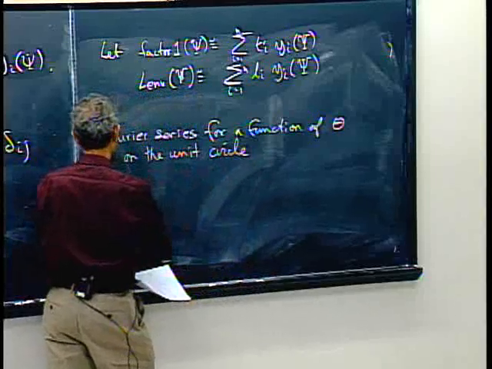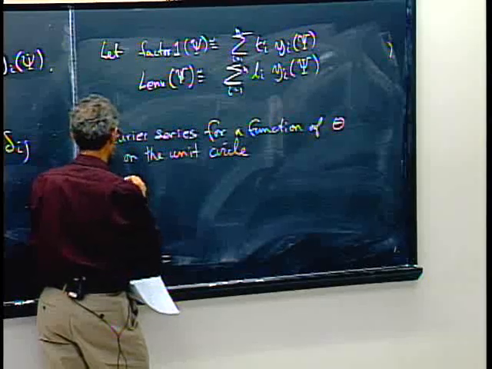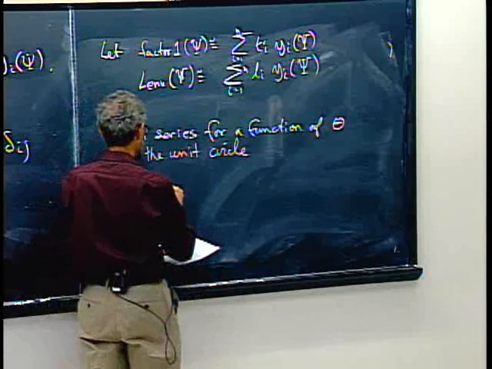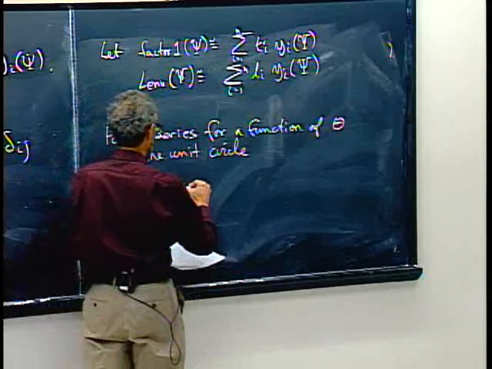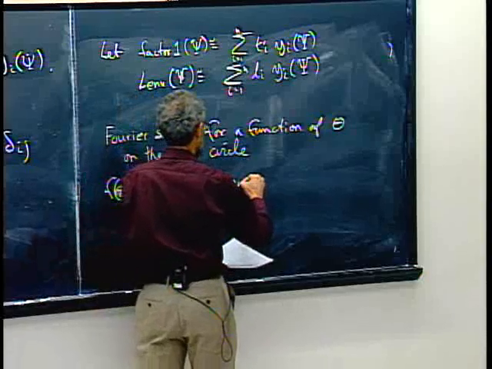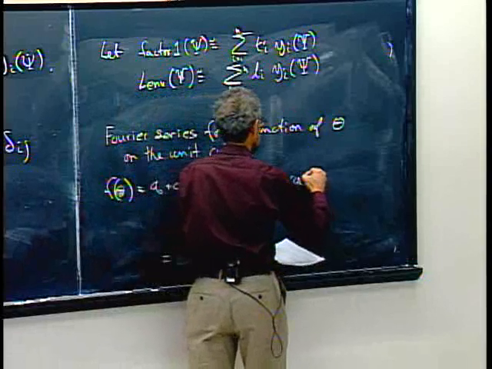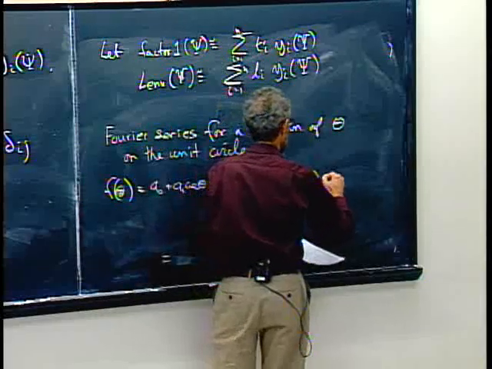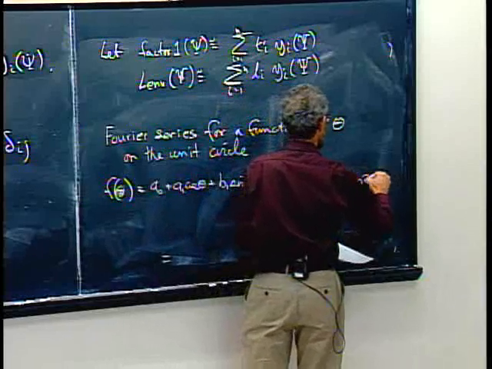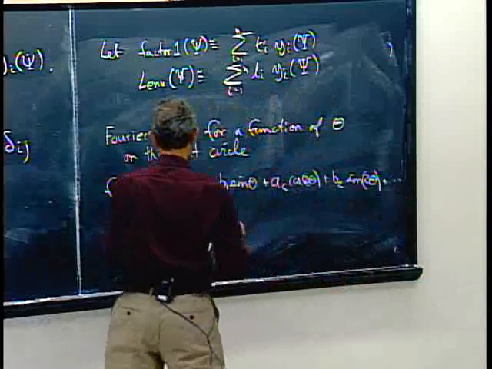So if we think of f of theta, let me use lowercase theta, we can represent it as A0 plus A1 cosine theta plus B1 sine theta plus A2 cosine 2 theta plus B2 sine 2 theta, and so on for higher order terms.